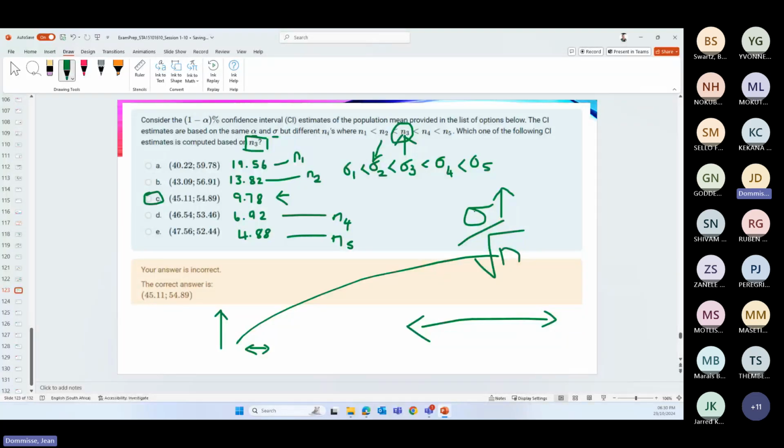If we look at the standard deviation, as that increases, your confidence interval will become larger. Okay, so tomorrow I will look at a few of the mock exams, and then we will look at that one in the mock exam.